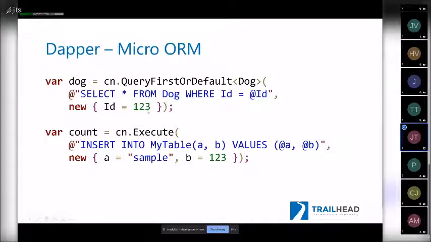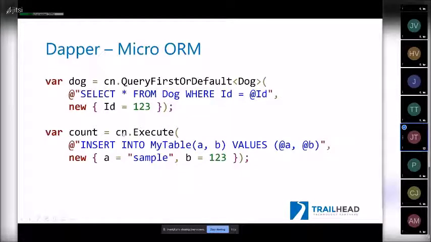So if you're doing parameterization here, you can make sure that SQL injection isn't possible in your application. And this query is basically going to run this select star from dogs where ID equals 123, return the top row, deserialize that into a dog object, and give you that in your dog variable here.